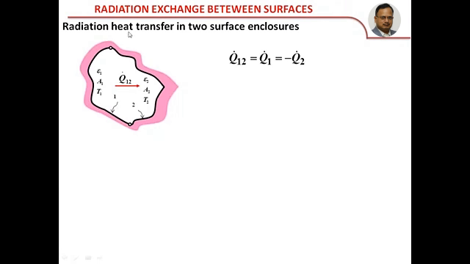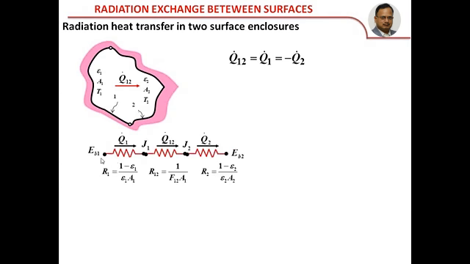Let us take case by case. Radiation heat transfer in two surface enclosures. Say Q12, we want to find, is equal to Q1 minus Q2. So Eb1, Eb2. From surface 1 to 2, first you have the surface resistance of surface 1.